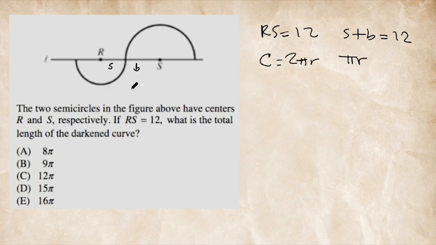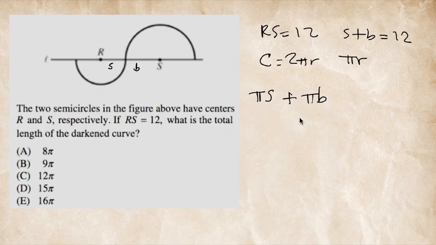So the circumference of the first semicircle is pi times its radius, which is S. Now the circumference of the second semicircle is pi times its radius, which we labeled as B. So this is the total length of this curve, which is the sum of the two semicircle circumferences.